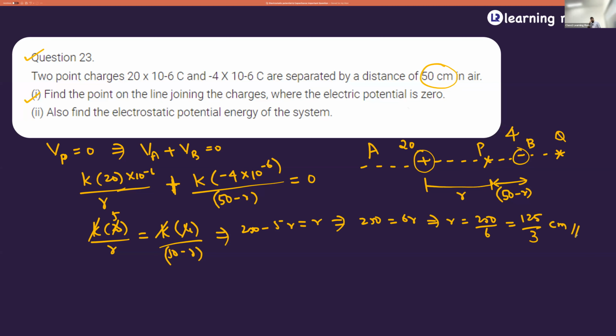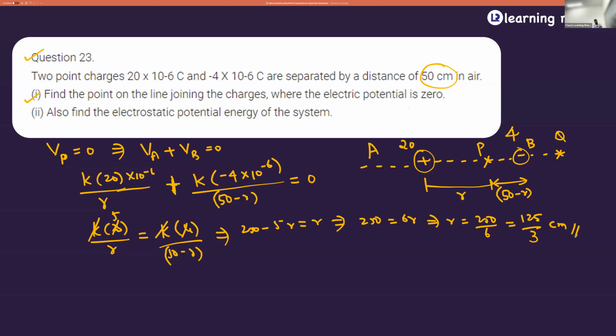The answer will be 125 by 3 centimeter from the charge A to the right of it. That is point P. So it is going to be 125 by 3 centimeter.